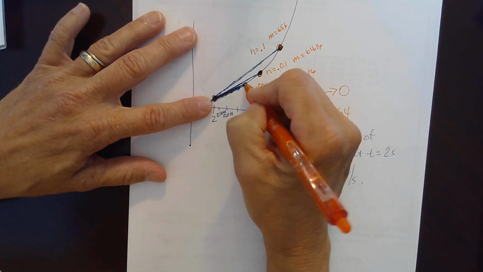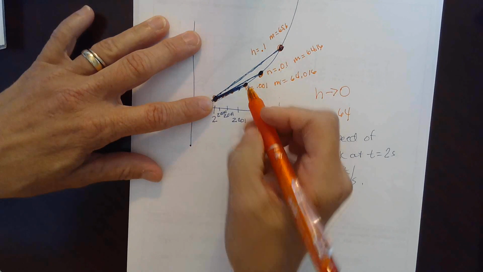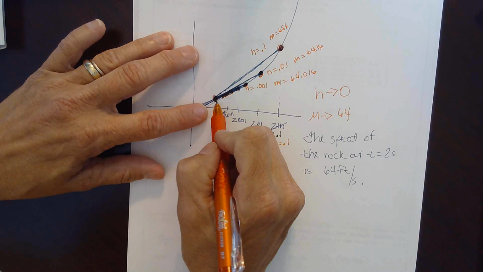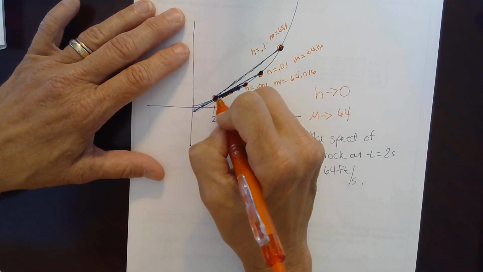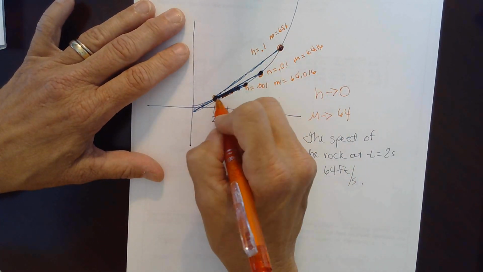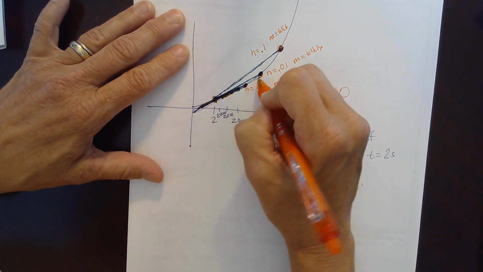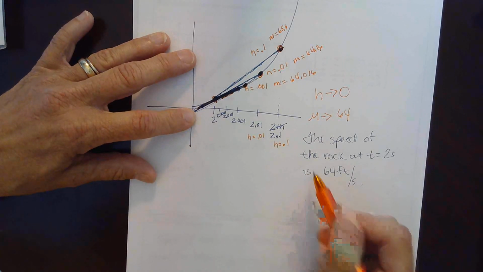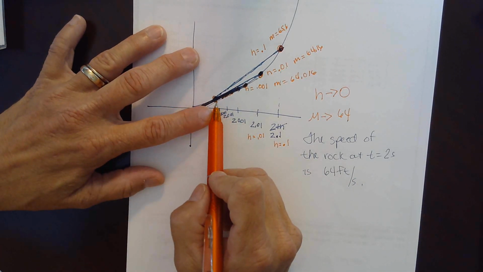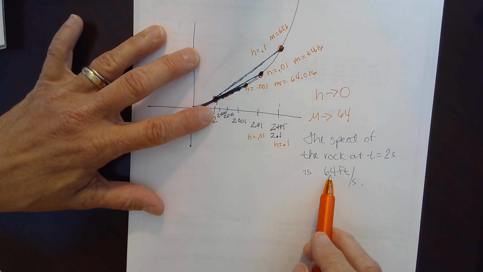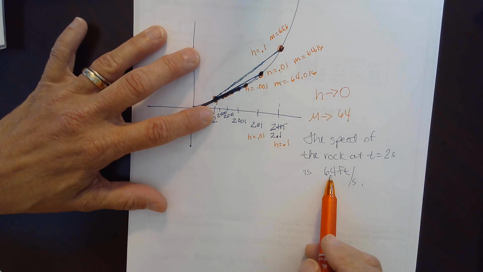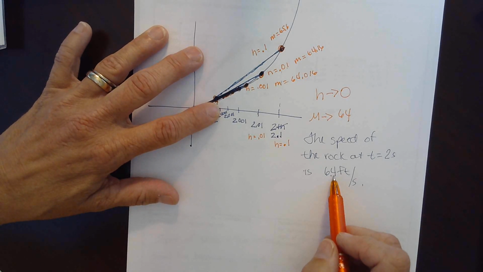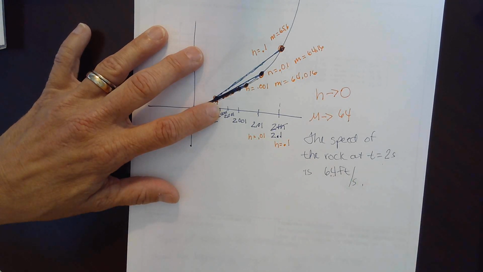Then we did 2 and 2.001. As each point gets closer and closer to this point, these secant lines ultimately become what appears to be a tangent line at the point 2. And so this 64 is the speed at which the rock is traveling at t = 2 seconds.